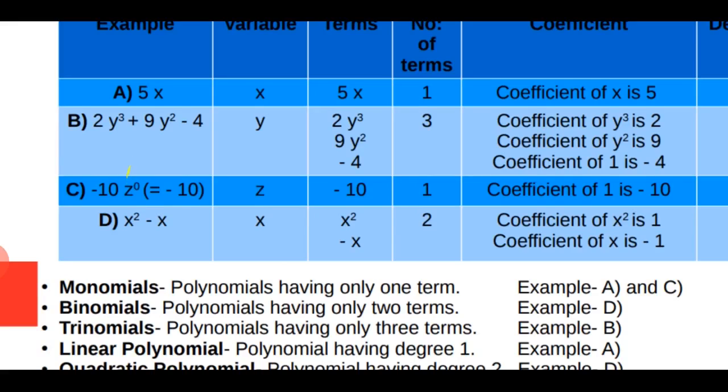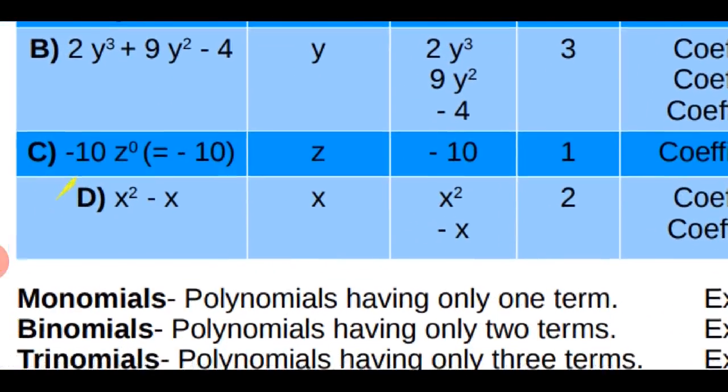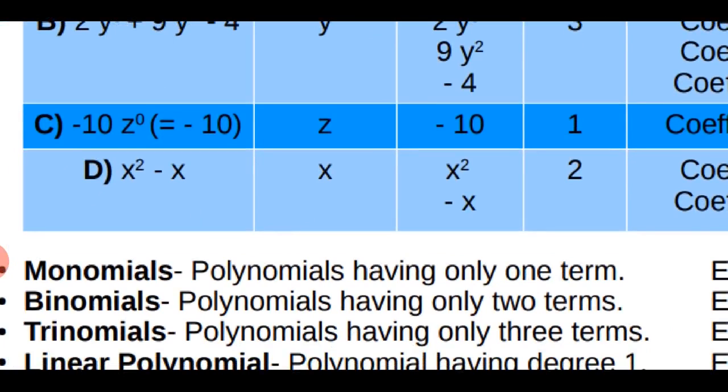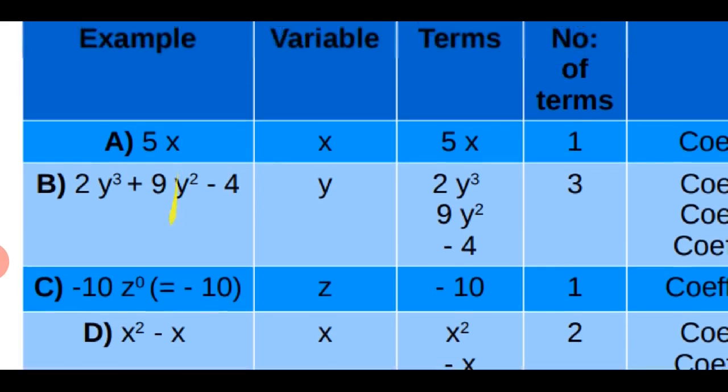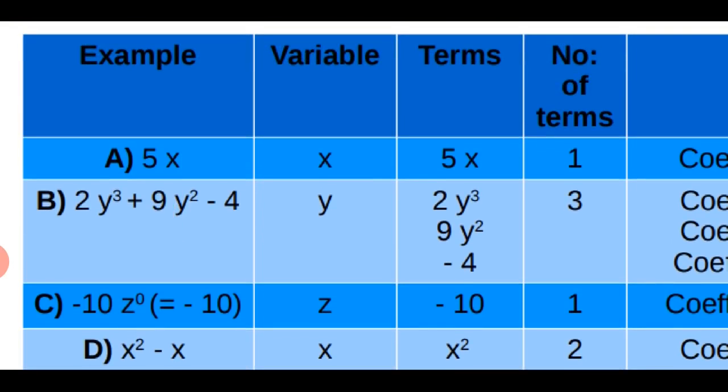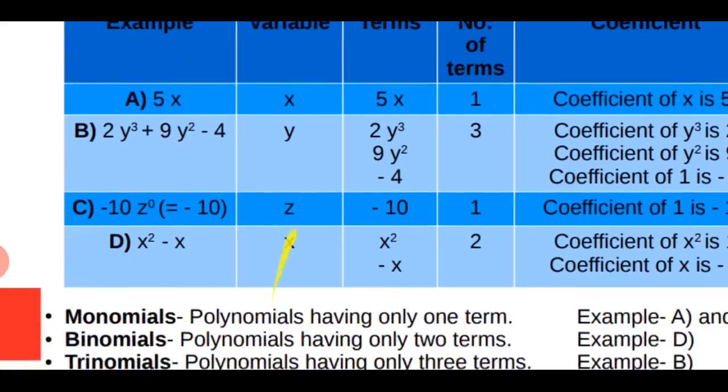Similarly, if you see example D, this is an example of a binomial. Why is it an example of a binomial? Because here it consists of 2 terms. The B part consists of 3 terms, so it is called a trinomial, whereas the A part, which is written 5x, consists of only 1 term, so it is called a monomial.